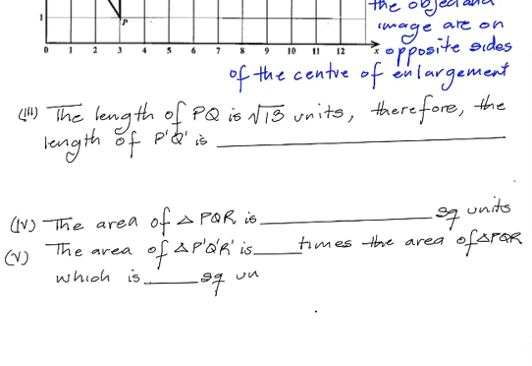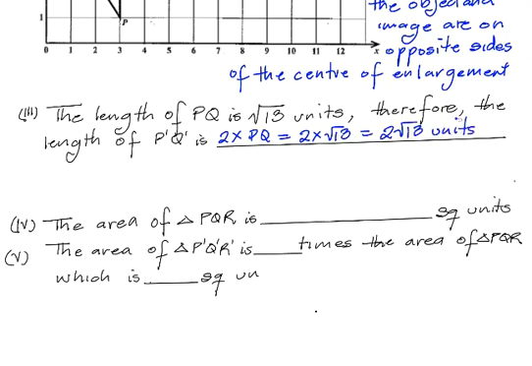Now number 3 says, the length of PQ is the root of 13 units. Therefore, the length of P'Q' is, well, the short reason is that the answer is 2 times the length of PQ, so that would be equal to 2 times the root of 13, which you can simply say is 2 root 13 units.